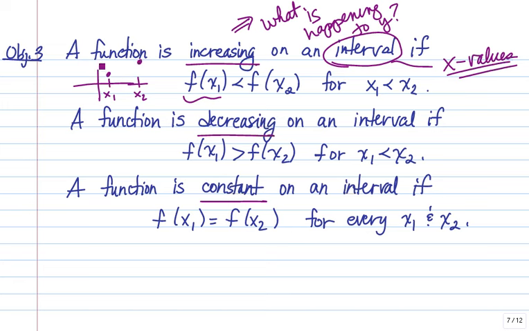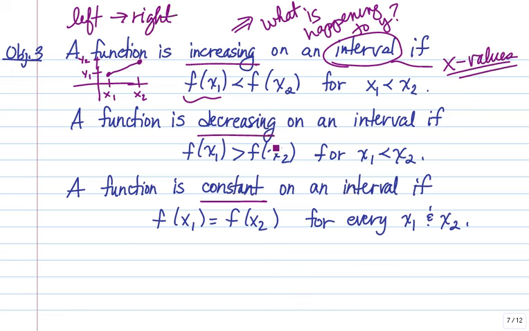Well, the y1 value is here and the y2 value is here. So when x1 is less than x2, our value of y1 is less than y2, or f of x1 is less than f of x2. And that would happen when what happens? If you connect those, the function has to be rising, or we say it's increasing from left to right. So you always read these graphs from left to right.